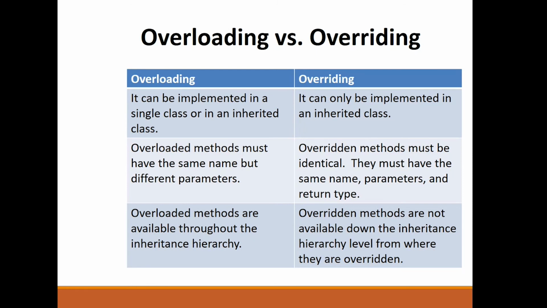However, overridden methods must be identical, with the same name, number of parameters, and also the return types. Yung statement lang yung magkakaiba. Overloaded methods are available through the inheritance hierarchy. Overridden methods are available down the inheritance hierarchy level from where they are overridden. So that's the difference between the two.